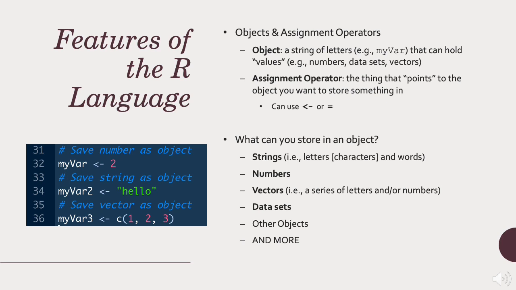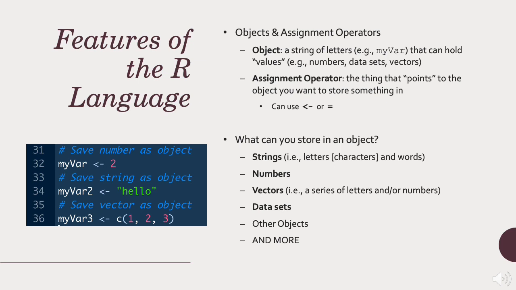Now, you can store just about anything in an object. You can store strings, which are essentially letters or characters, as well as words. You can store numbers, and this can be simple numbers like I've got on the left, so 2, 3, 4, 5. But they can also be fractions and decimal places, so you can store the number 0.235587225. It all works the same way.